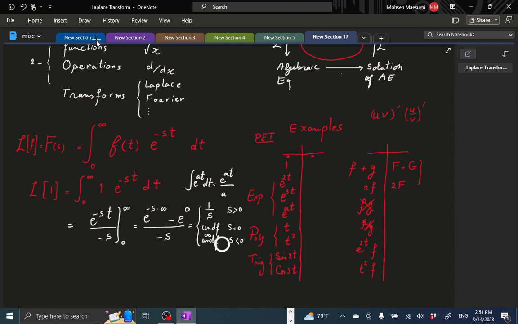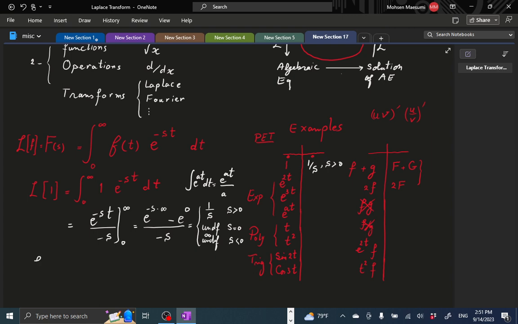So with most problems with Laplace transform, we are restricted to a particular range of values for s. That is, the result of the integral might not make sense for every possible s, so you might limit yourself to some particular values. So in this case, for 1, we got that the Laplace transform is 1 over s, and this is only good for s's that are positive.